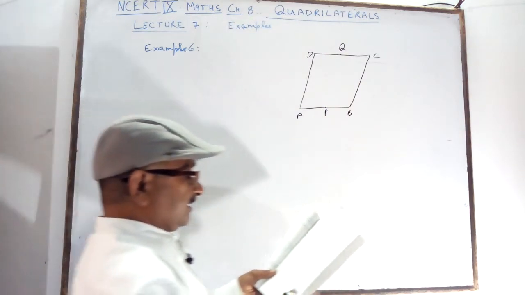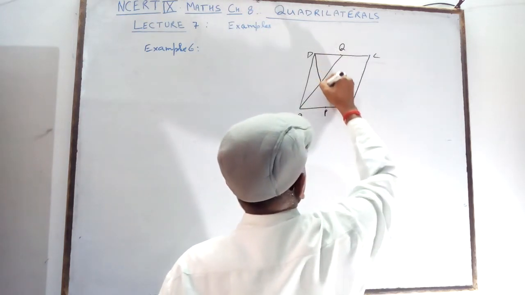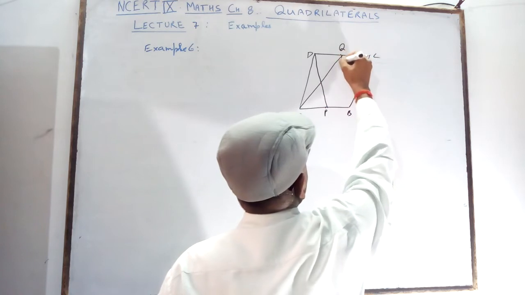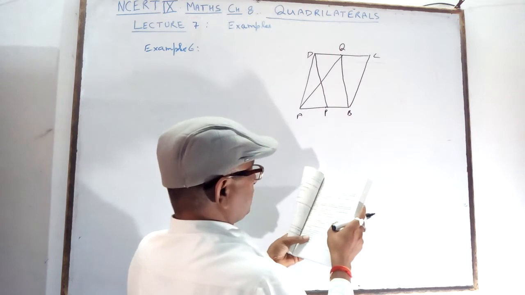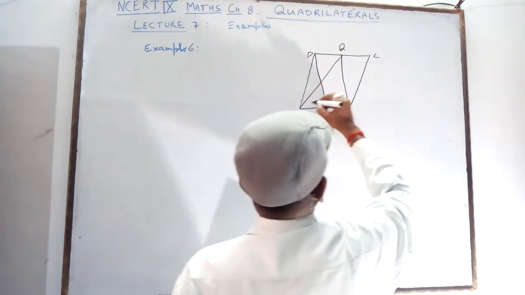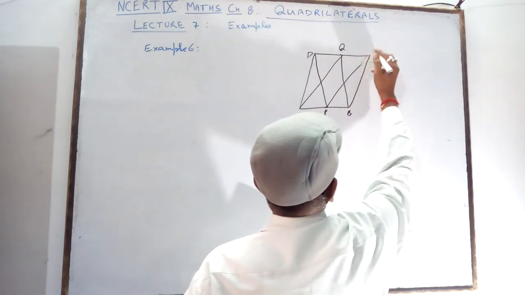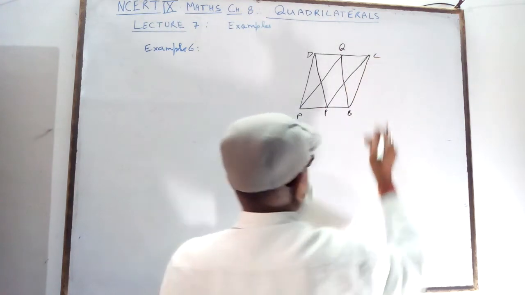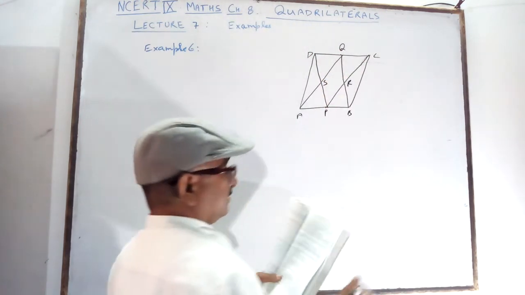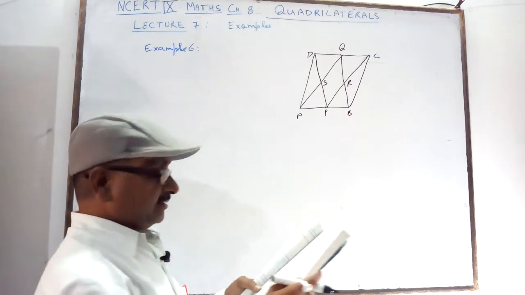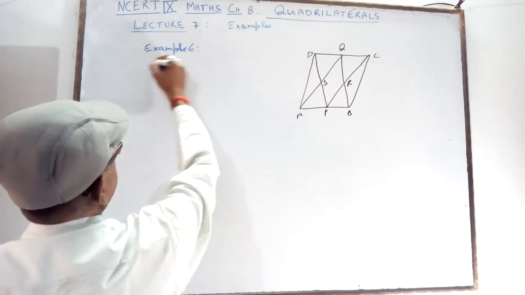If AQ intersects DP at S, and BQ intersects CP at R, then prove that APCQ is a parallelogram.